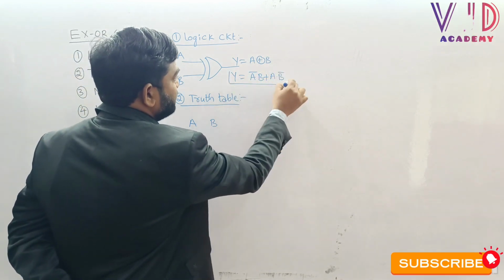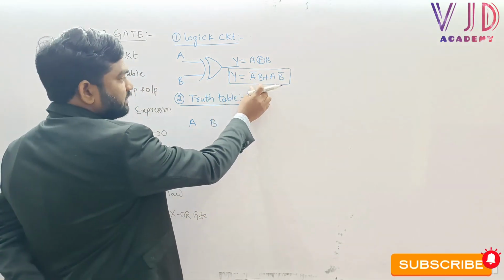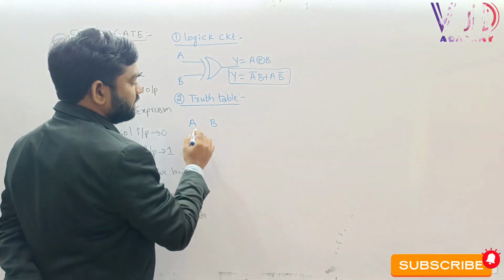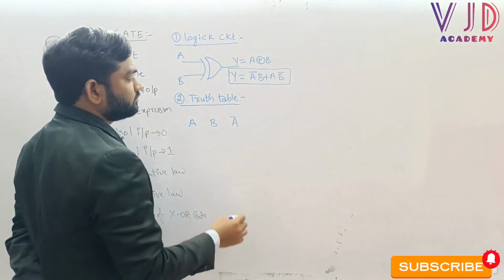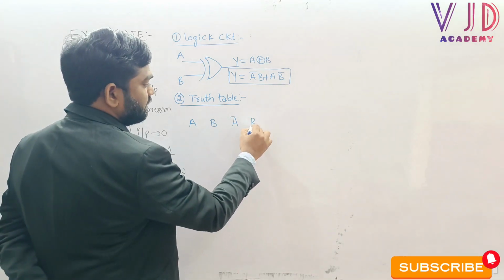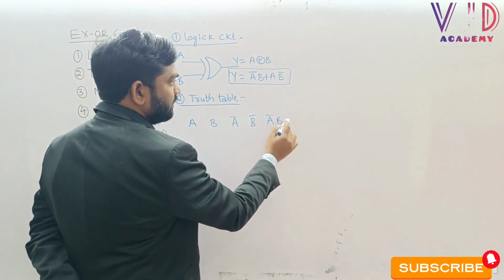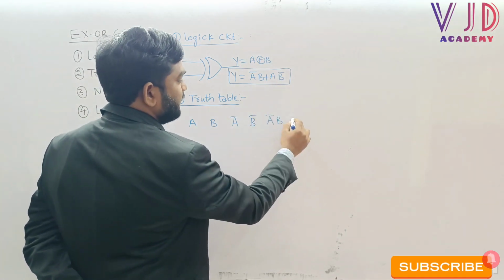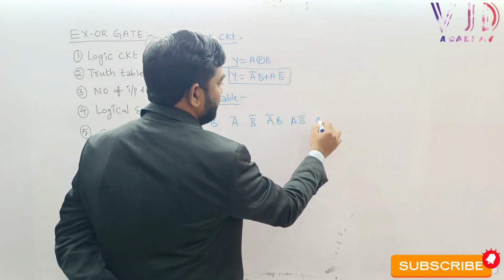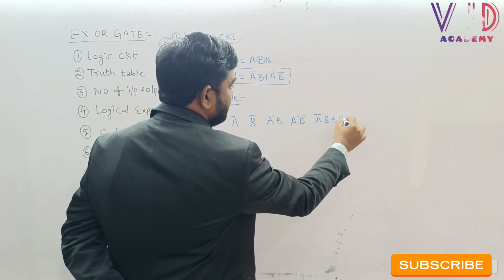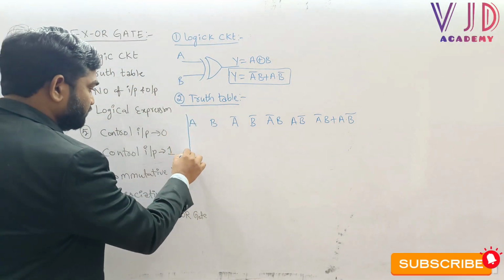So based upon this interpretation, A, B are the inputs, and now A bar I will take, and also B bar, and now let me multiply A bar into B, and A into B bar, and finally I want to add A bar B plus A into B bar. So this will be our truth table.